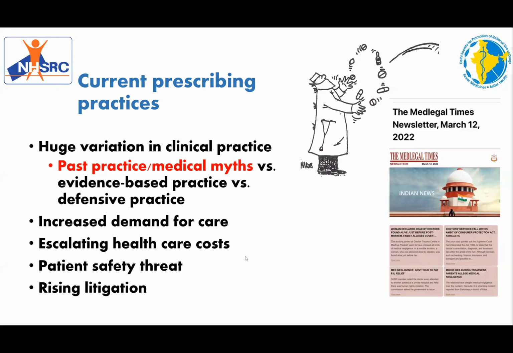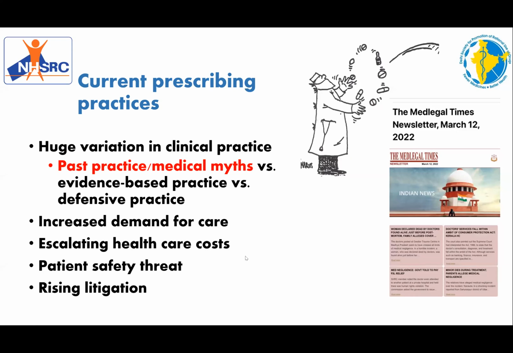So huge variation happens. Many times we know the diagnosis is clinical, but we depend on investigations because either we are not aware of it or there is no evidence to support this. And of course, these problems have escalated. Patients have also become demanding. They ask for care, and many times patients also question you.